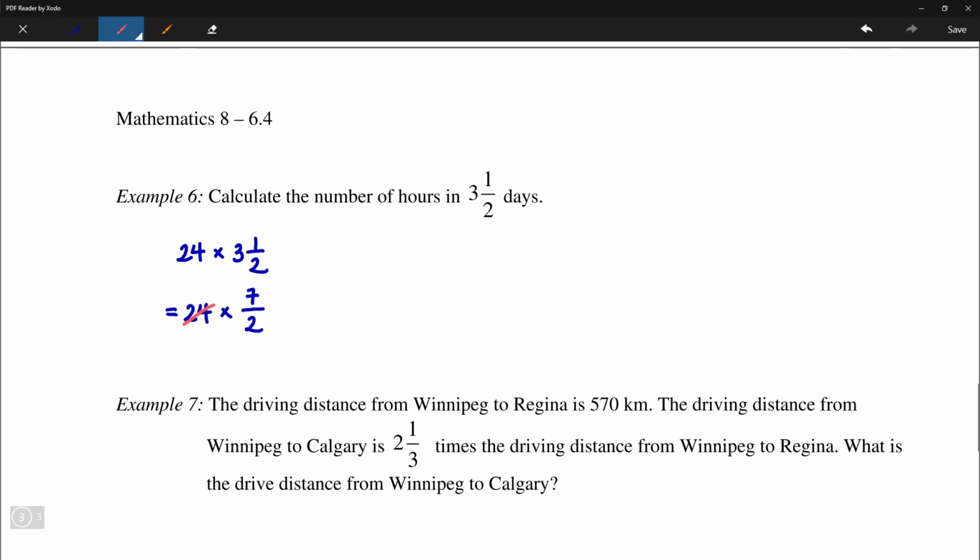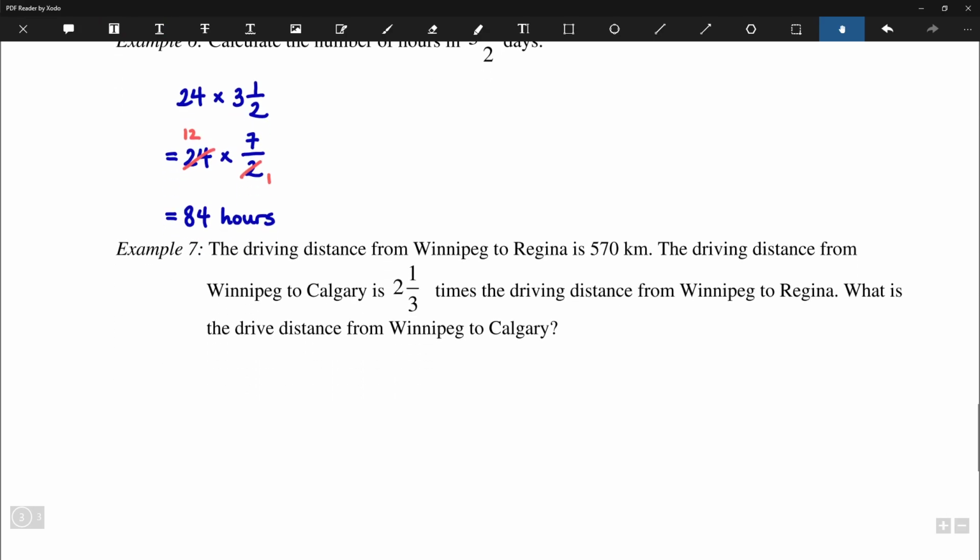Of course, here 24 and 2 are both divisible by 2. Left with 12 and 1 here. So simply then the product is just 12 times 7, which is 84 hours.